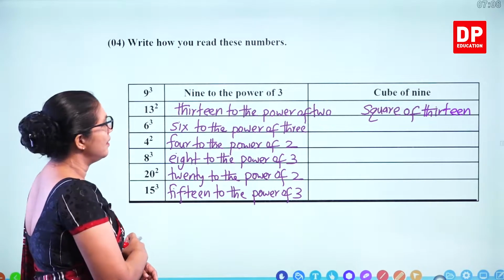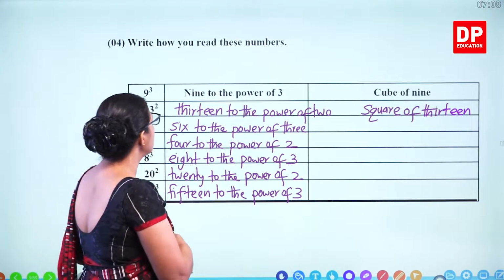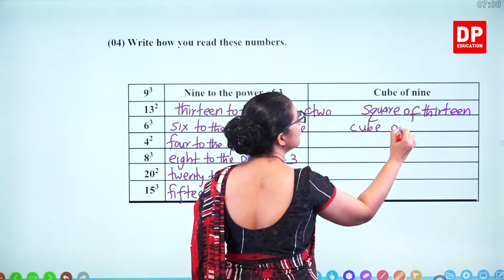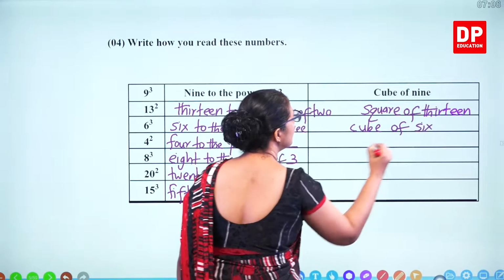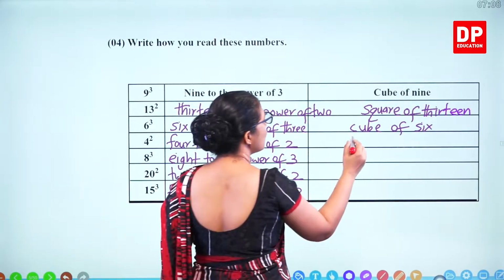Then you can write power 3 as cube of 6. This one 4 squared, square of 4.